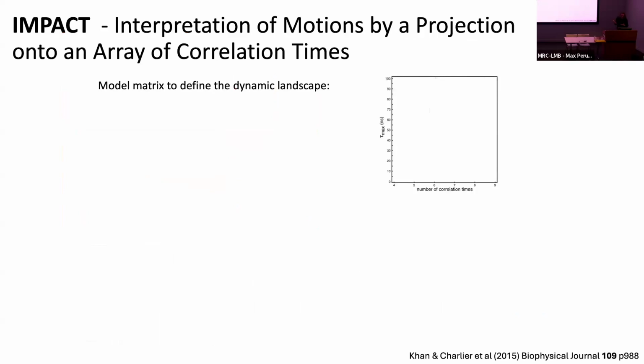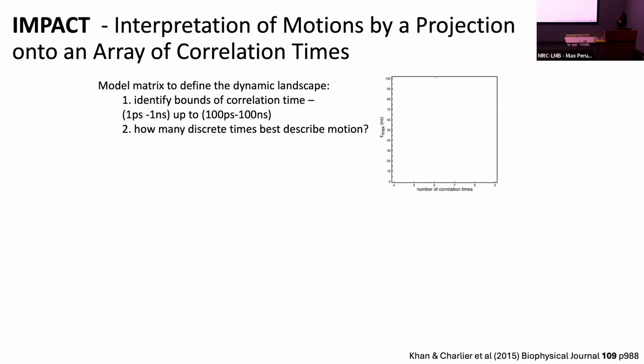Well, we found this technique called IMPACT, where you can basically work out the minimal way of describing the motions of a system with the spectral density data. So you can identify the bounds of a correlation time. Remember, IDPs have multiple correlation times, and you can say how many different correlation times you need to fit that model.